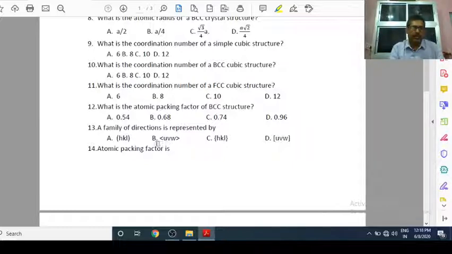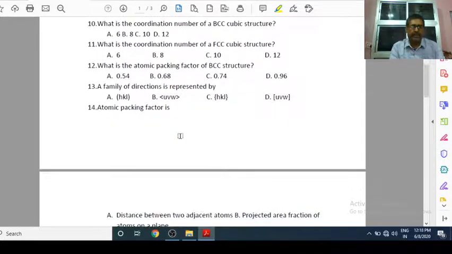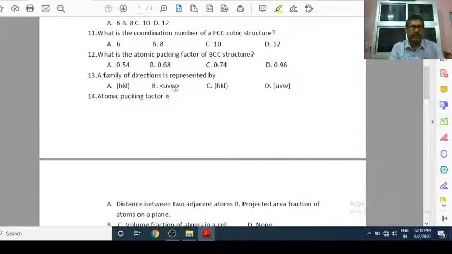You may take UVW in place of HKL also. So here it represents a plane, it represents a direction, it represents a family of planes, it represents a family of directions. So accordingly you have to answer. This is the family of directions and this is the direction.